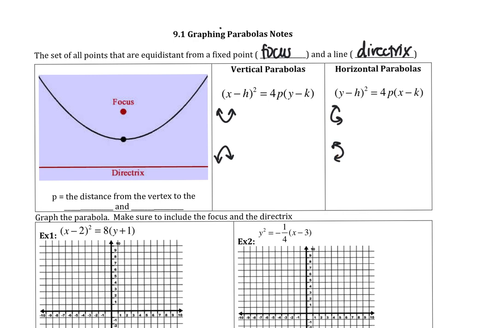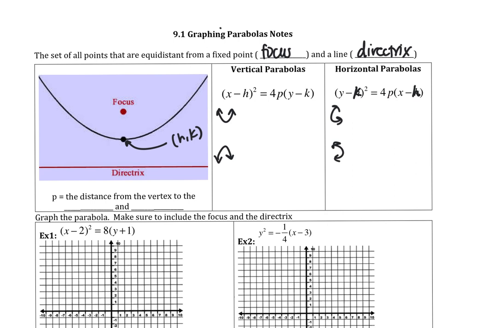Okay, we have one little mistake that we need to fix here. This should be K and H. And the center of the parabola, or the vertex right here, is always at H, K, similarly to what we have seen before.